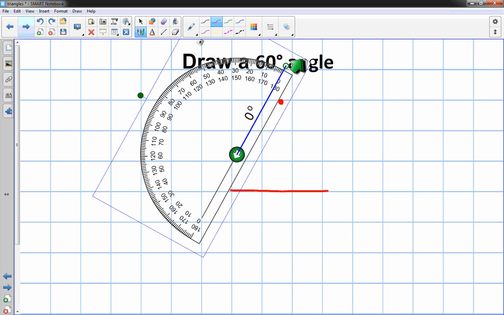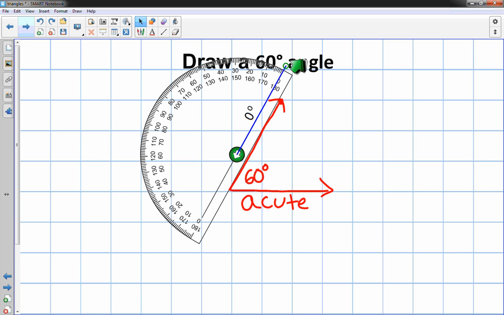We want to become really good at using the edges of the protractor, of rulers, getting in the habit of drawing things very accurately. Here's your 60-degree angle, and this is an acute angle because it's less than 90.